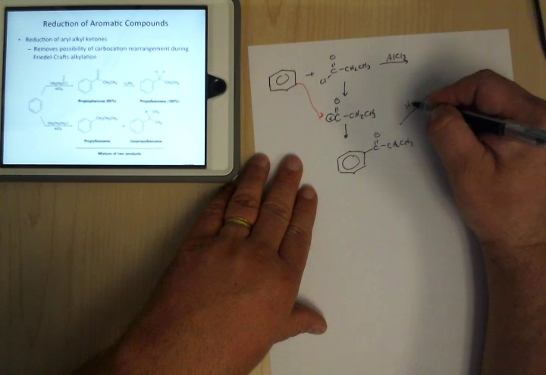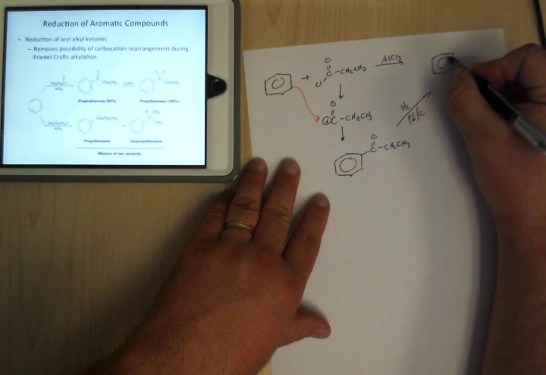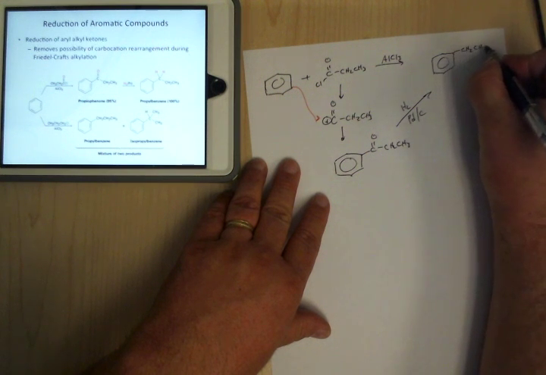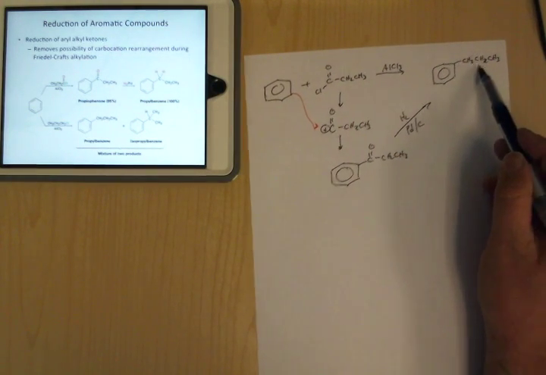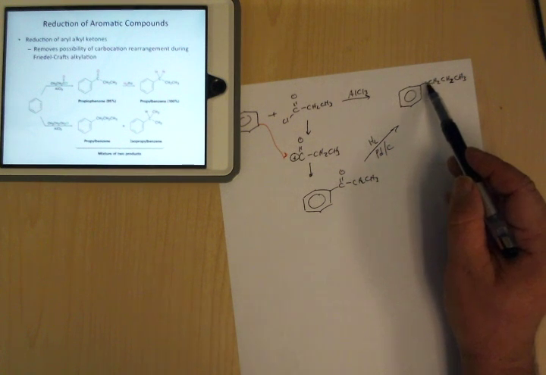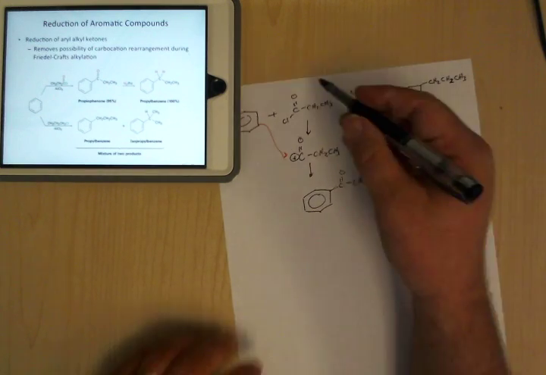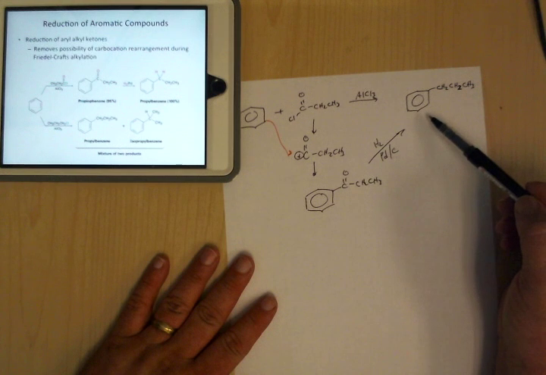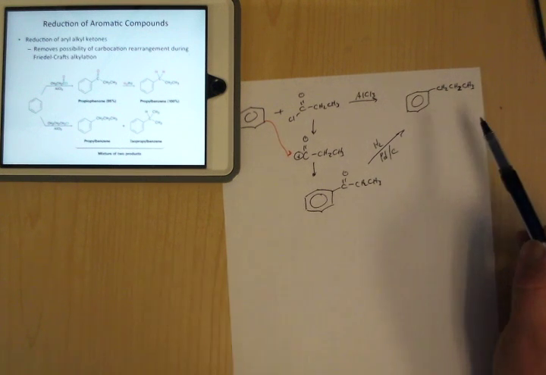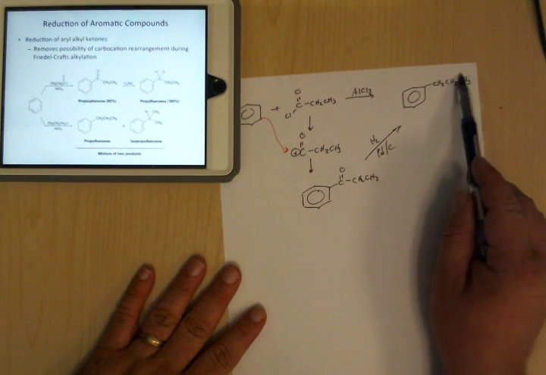Now you can go in and hydrogenate it, because remember, that turns it into a CH2, CH2, CH3. So this is a nice route for adding directly at the end of a chain. You're not going to get this rearrangement issue, so you have to go through these two steps: add on the acylation and then do the hydrogenation. That'll get you where you need to go without the possibility of rearrangement of the alkyl chain.